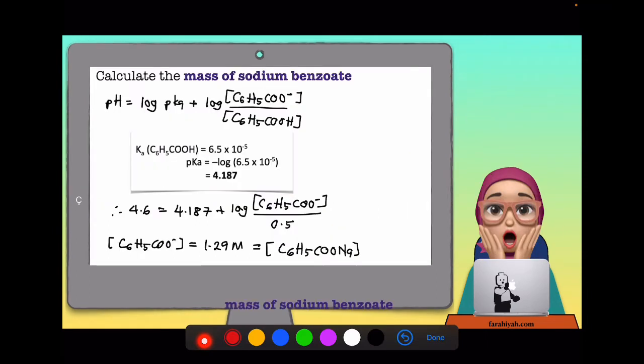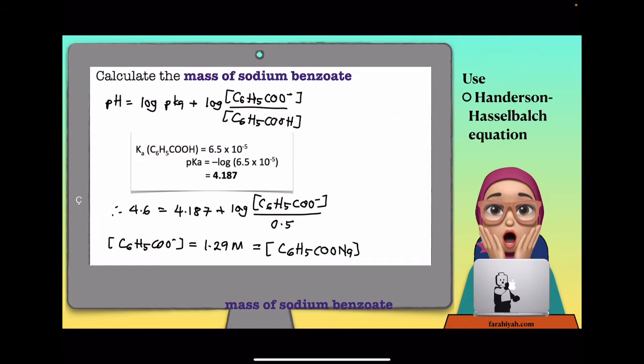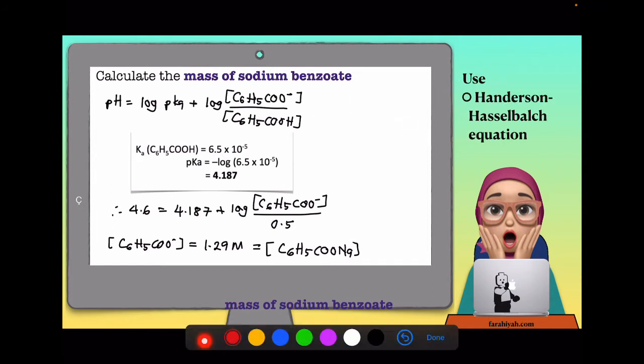Next, we can calculate the mass of sodium benzoate using the Henderson-Hasselbalch equation. The pH is given from the question. The pKa you need to calculate, but the Ka is given from the question. And the last one given from the question is the concentration of benzoic acid.